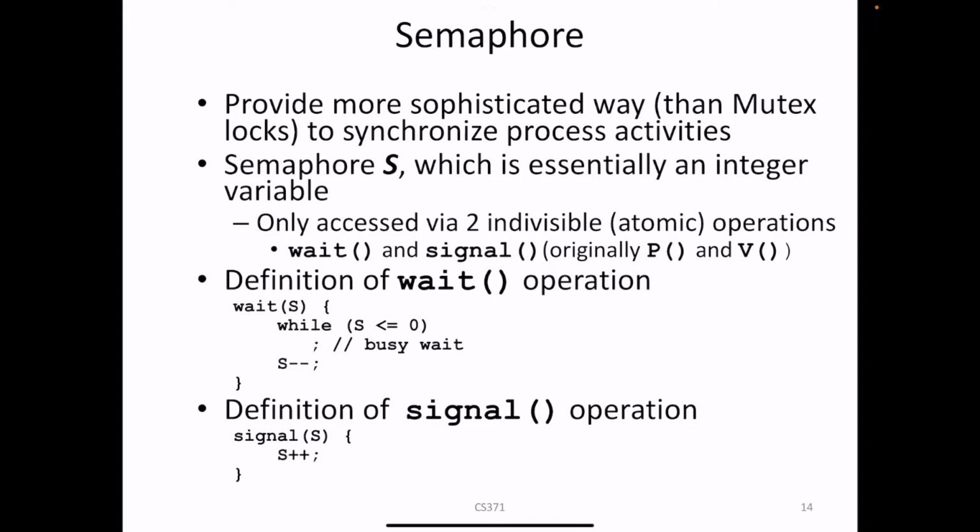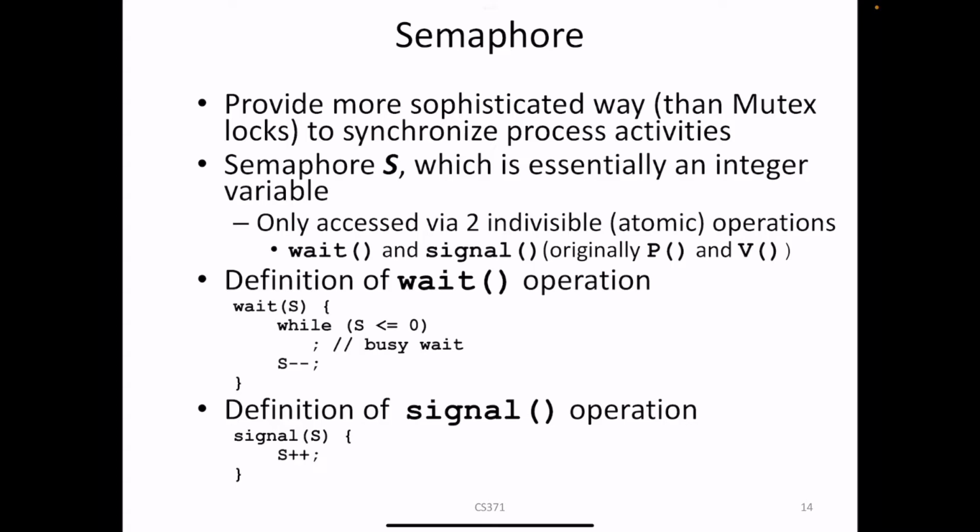However, in this course, we will use two other terms, wait operation and signal operation, because they are easier to understand. So basically, wait operation is equivalent to the P function, and the signal operation is equivalent to the V function.